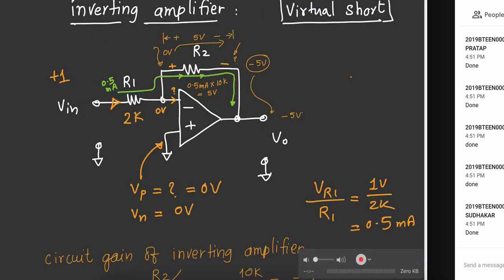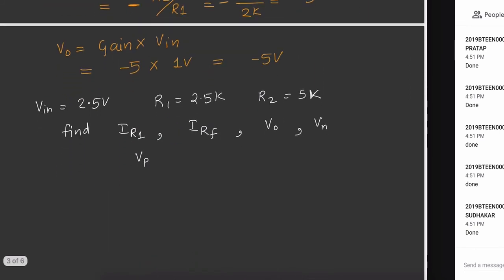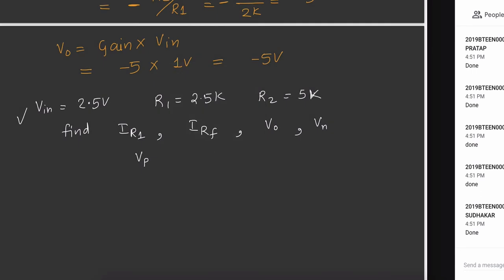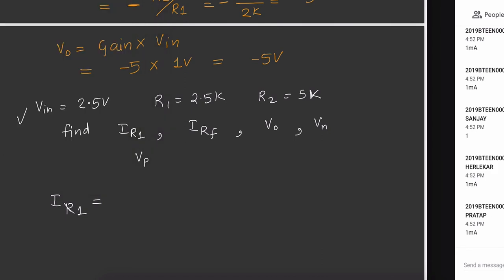Right. So we will ask some questions. Hope that you could do that. V input was given to be 2.5. R1 is given 2.5 K. R2 given. So what is the value of IR1? IR1 1 milliampere. Then IR2.